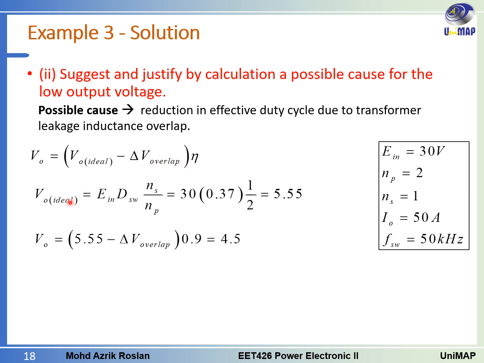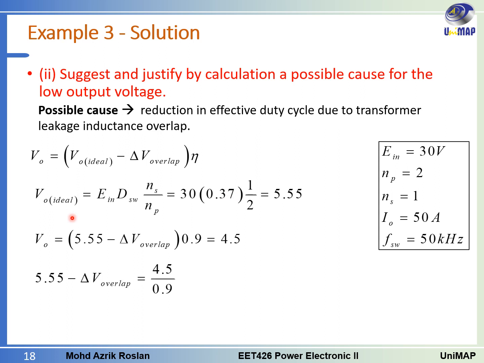Now when we have the output voltage, we can calculate by using this equation. 5.55 minus delta V overlap, multiplied by 0.9, is equal to 4.5. Remember that when the duty cycle is increased to 0.37, the output voltage still remains at 4.5, so we have to use this value.